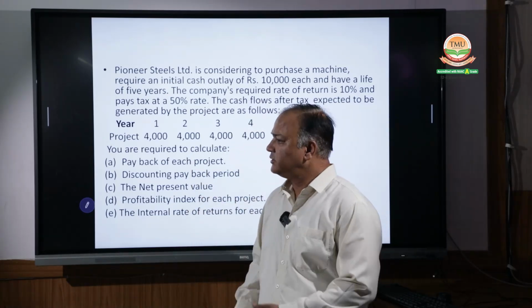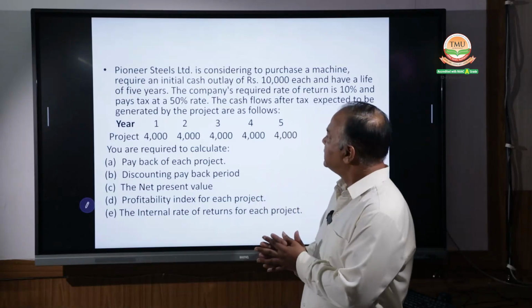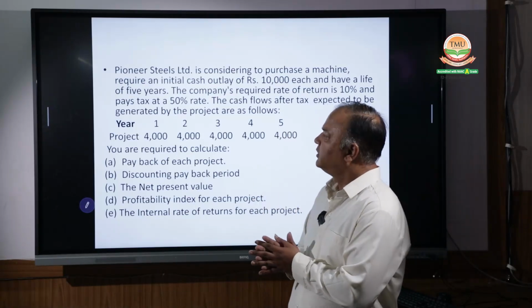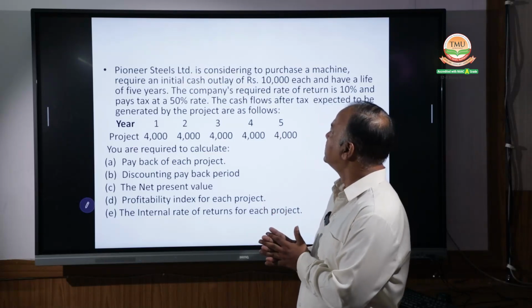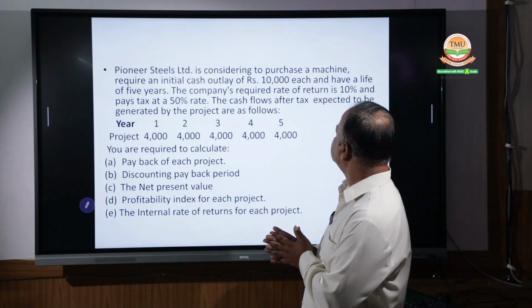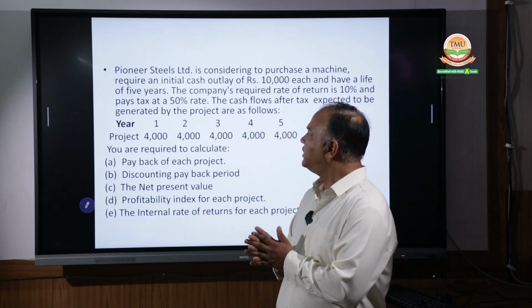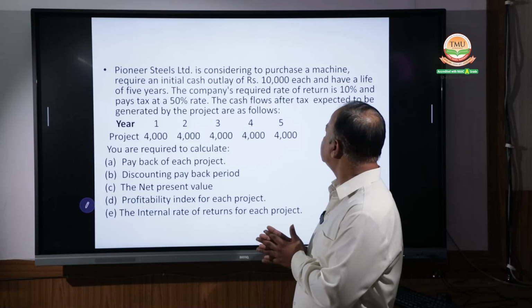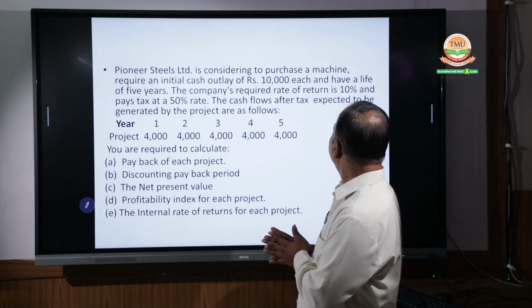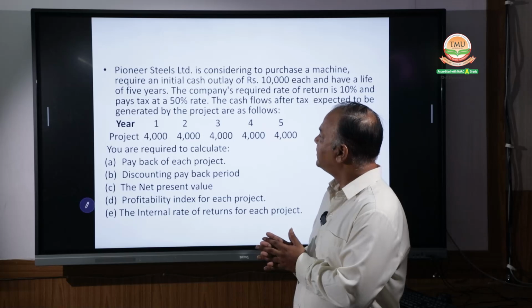If we read the numerical problem, we find that it is given in the question: Pioneer Steel Limited is considering purchasing a machine requiring an initial cash outlay of rupees 10,000 and having a life of 5 years.